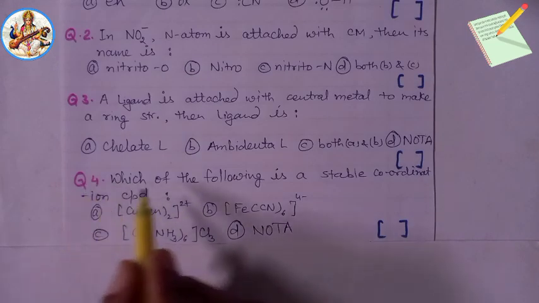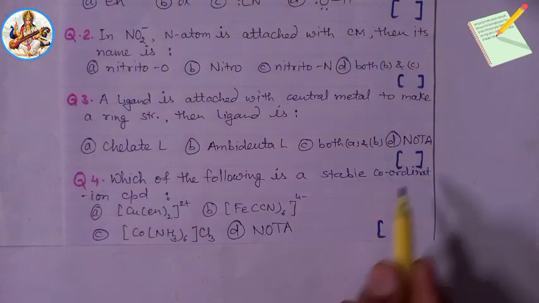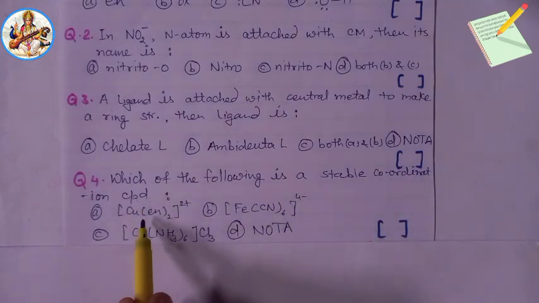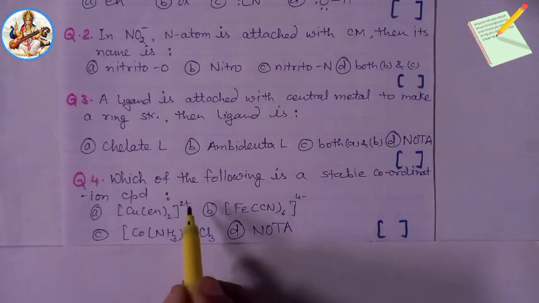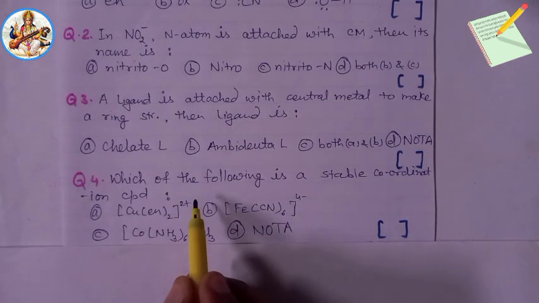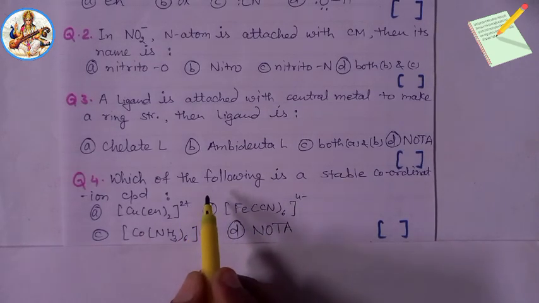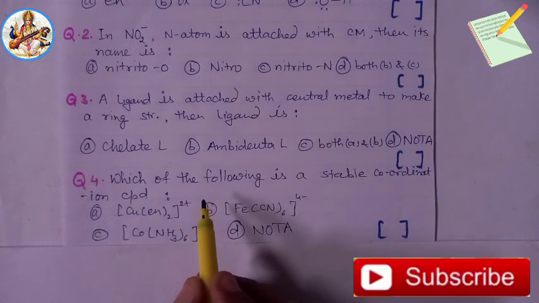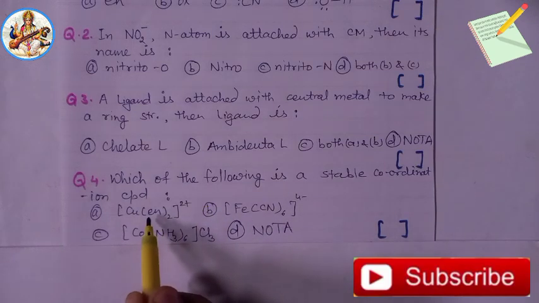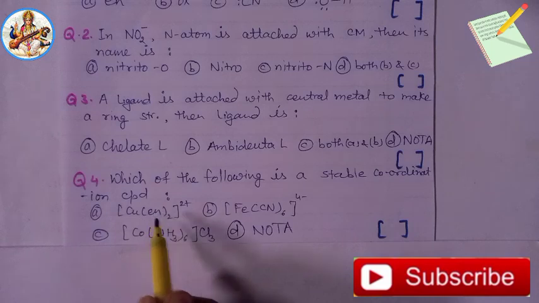Now question four: which of the following is a stable coordination compound? Options A, B, C and D. We know that chelating ligands form stable complexes as compared to monodentate ligands. In option A, the ligand is a chelating ligand.